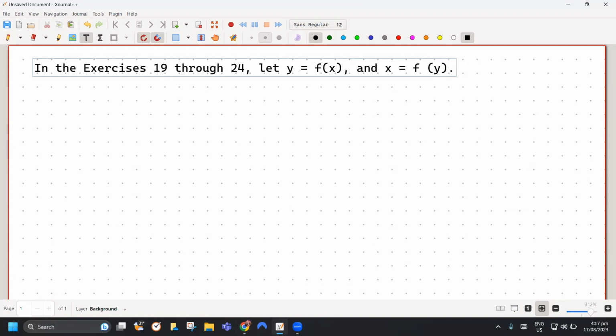And verify that dx over dy equals 1 over dy dx. Kasi yung derivative ng inverse is equal to 1 over dy dx.